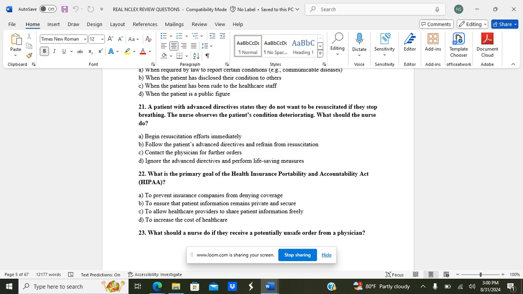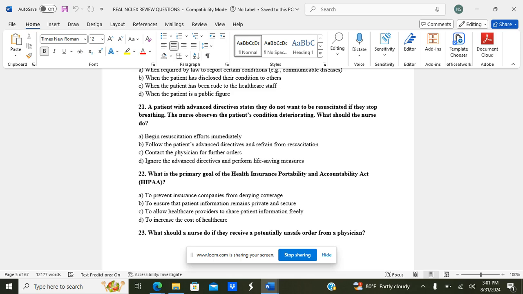B, follow the patient's advance directive and refrain from resuscitation. Choice B looks right because remember the patient signed a contract. C, contact the physician for further orders. Not this choice. Not good. D, ignore the advance directives and perform life-saving measures. No, you cannot ignore what the patient signs.